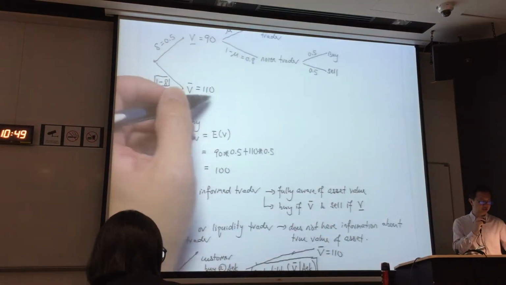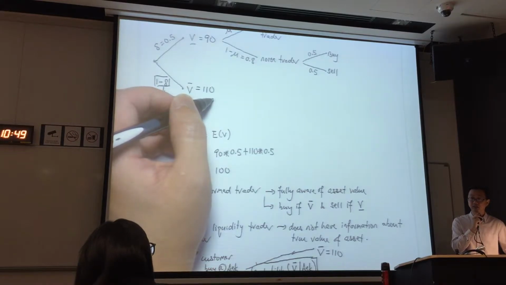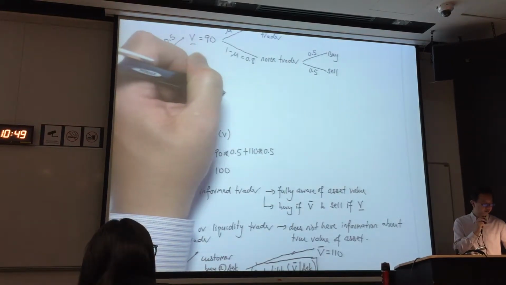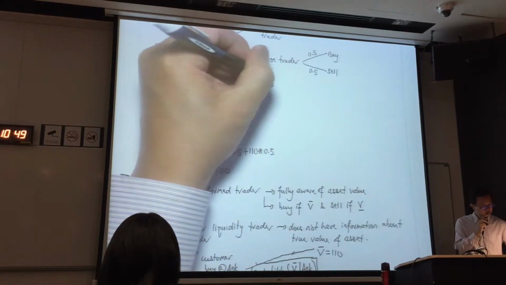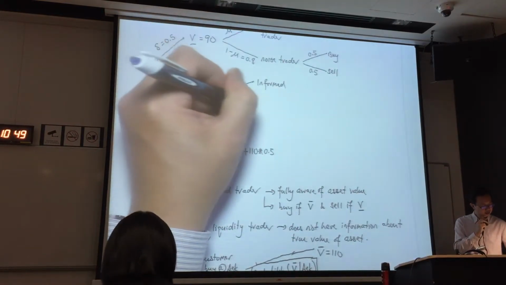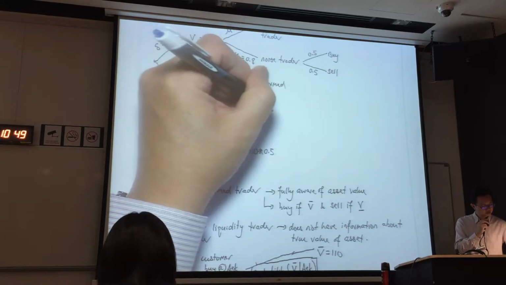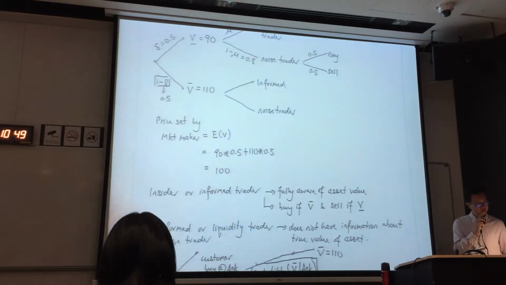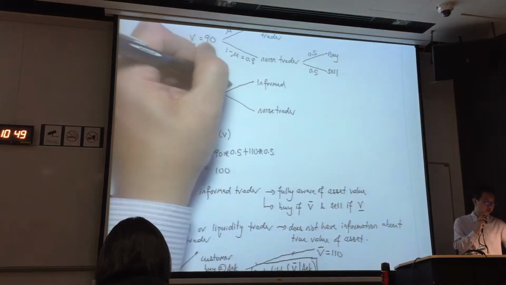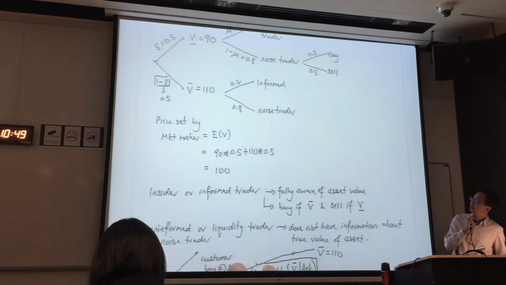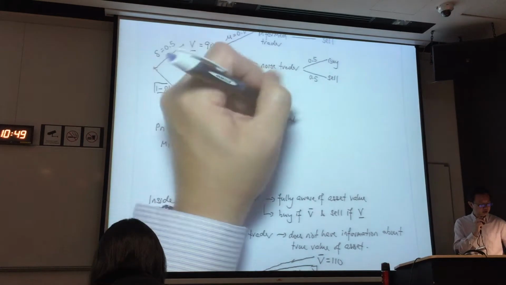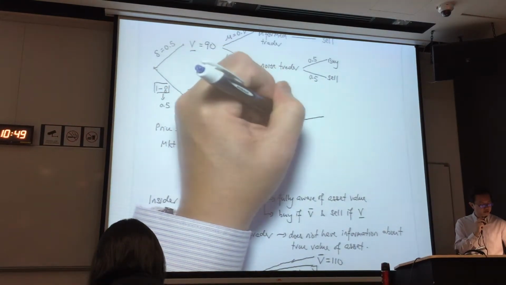So next we complete the tree based on the value being 110. Similarly, we could have the trade by informed traders, or the trade by noise traders. The probability is 0.2 and 0.8 as described to us. What is the noise traders' execution?